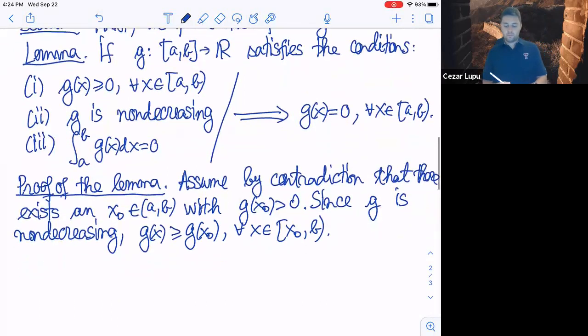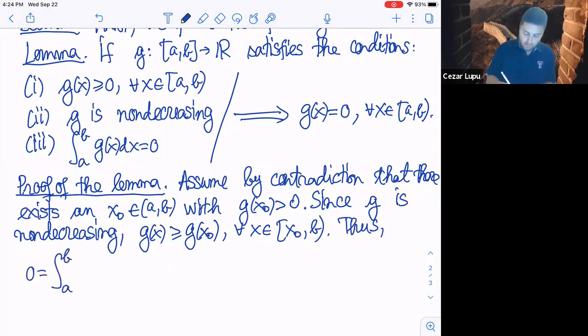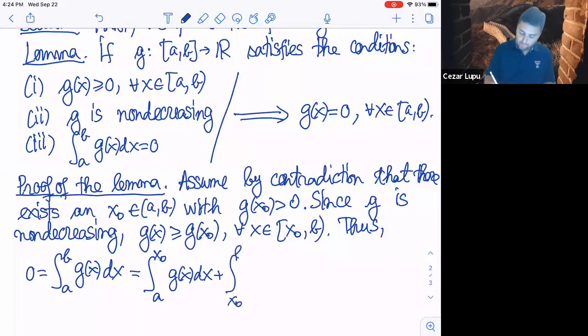Great. So this implies that the integral from a to b of g, I'm sorry, which is zero, we can break this integral into two parts, from a to x0 and from x0 to b.